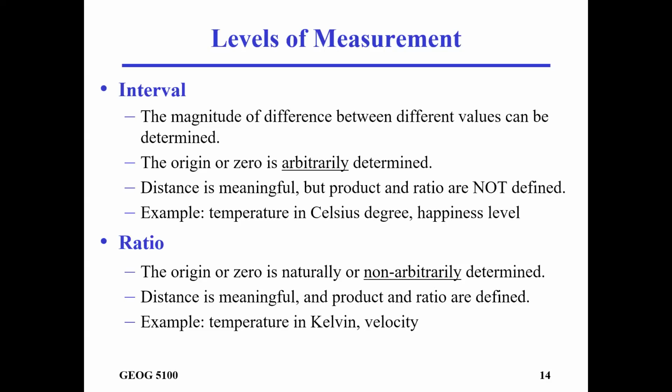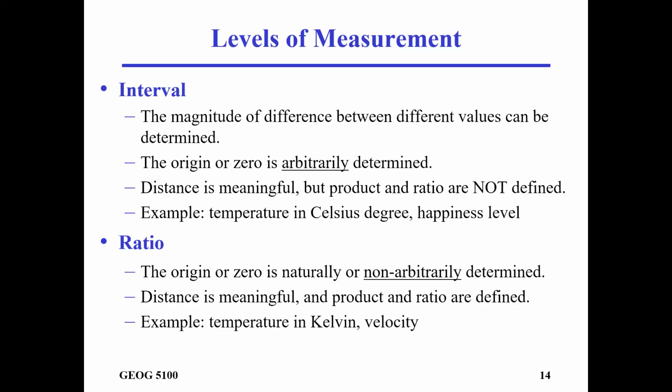We can see here that city B has twice the population as city A, right? So 2 divided by 1. Population of city B divided by population of city A. Now here, ratio is meaningful. Right? Population has been doubled when you move from city A to city B.